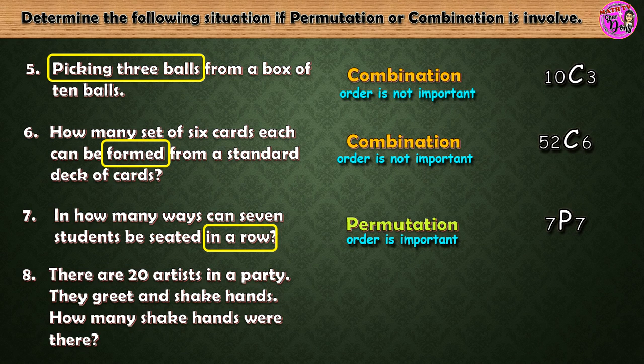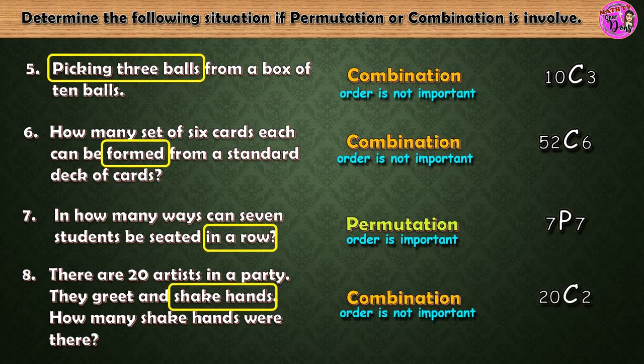No, it's just one handshake. So order doesn't matter when it comes to handshake problems. It involves combination because order is not important. It can be solved as combination of 20 objects because we have 20 artists, taken two at a time because in every handshake there are two people involved.